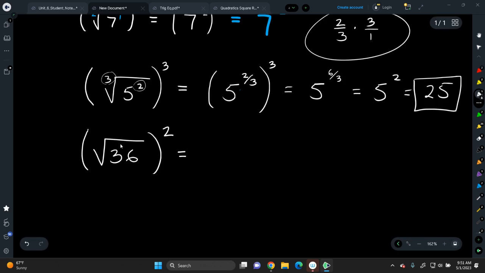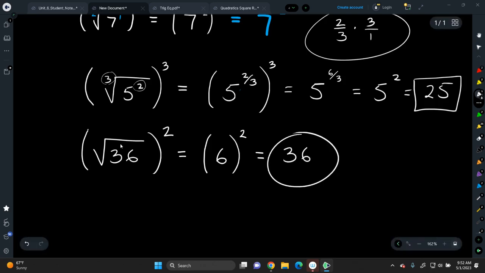Okay, so let's do what's inside the parenthesis first. What can we do with that? The square root of 36 is 6. And then what? Square 6 and we get 36. Which we knew anyway because we know that when we square a square root, it just gets rid of the square root.